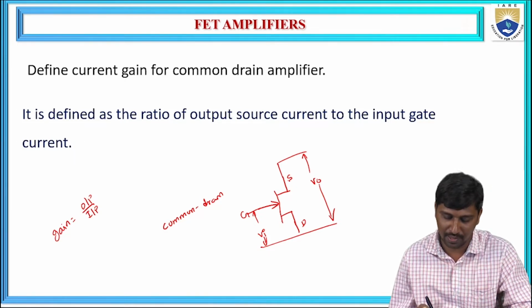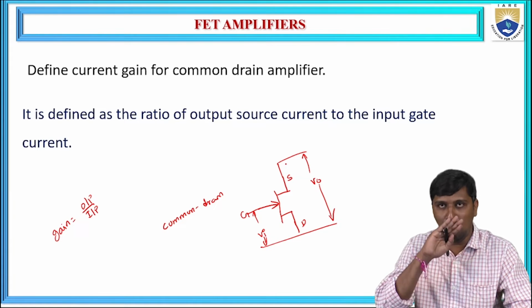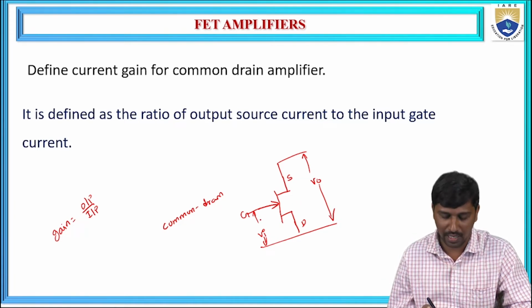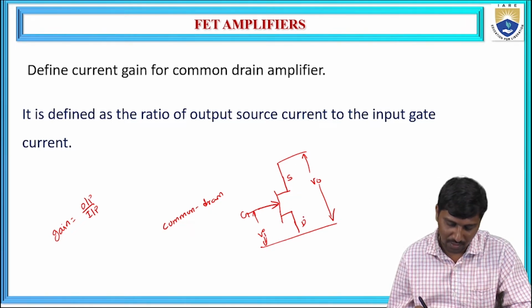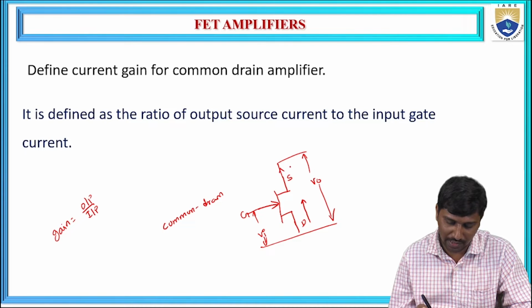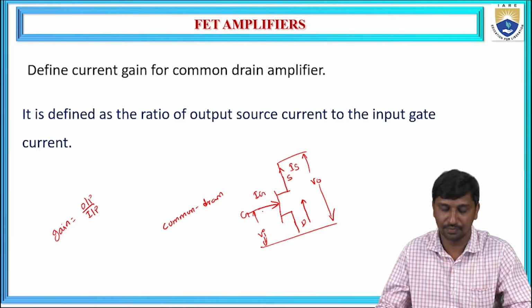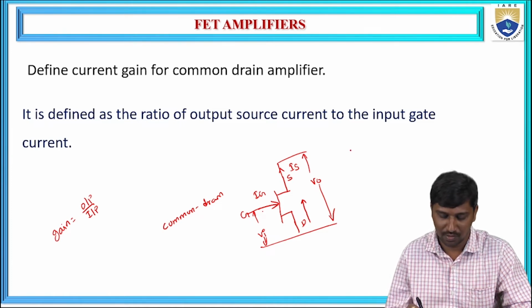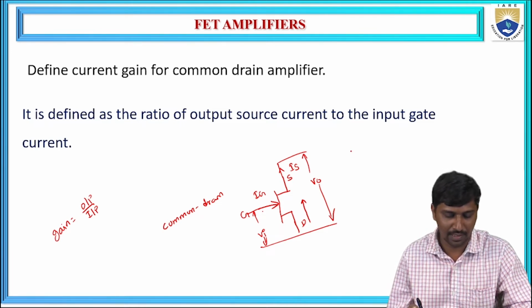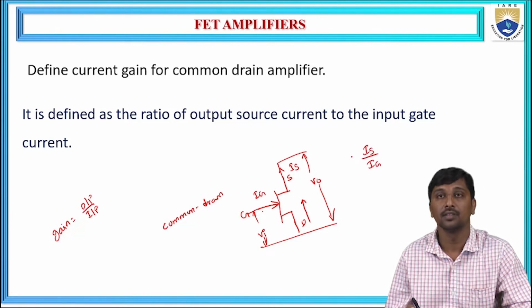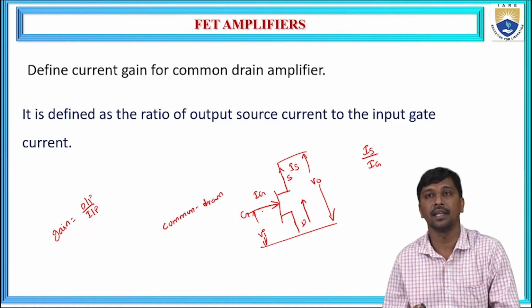Here the output parameter is measured across the source, and the input is measured across the gate. So it allows the source current: the current flows from drain to source, this is the source current IS, and the gate current is IG. Hence the gain is defined as the source current IS to the gate current IG. This is the current gain of the common drain amplifier.